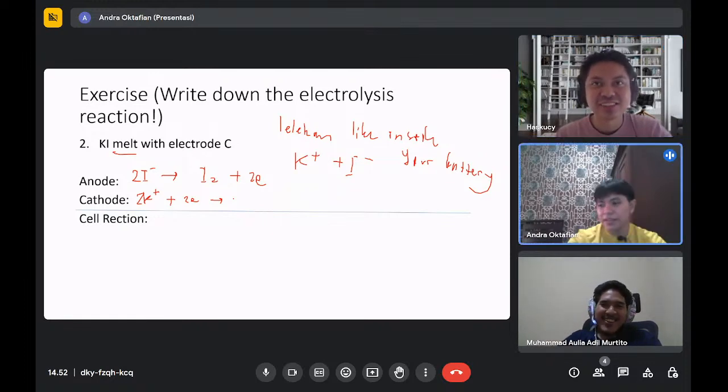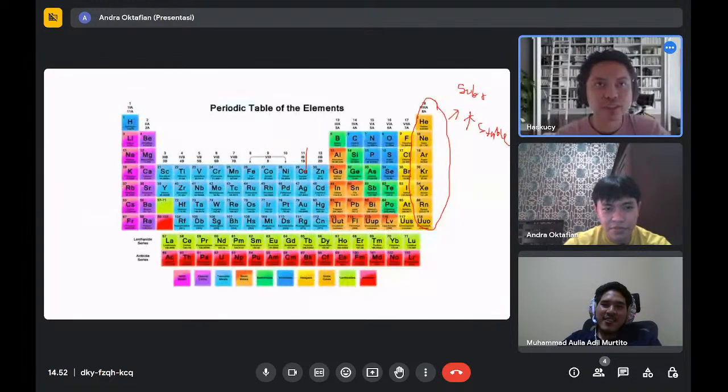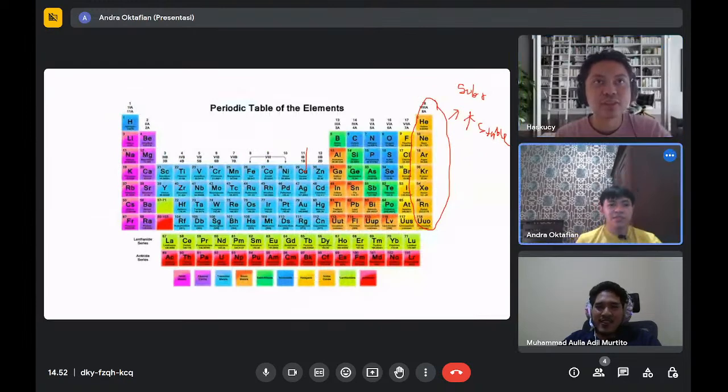Kalium is actually in group 1A, right? Group 1A.